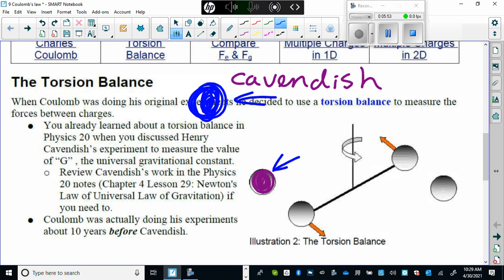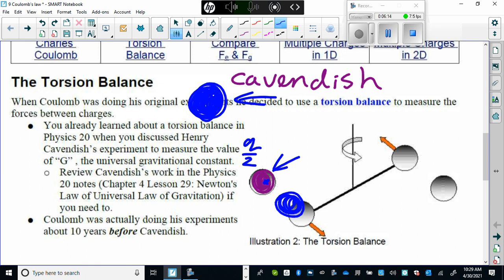So now this purple one has half the amount of charge that it did before he touched them because of the conservation of charge. Remember, we touch two objects together, they'll share the charge equally. And then he repeated this and measured how much this thing was repelled, so it would have been closer.